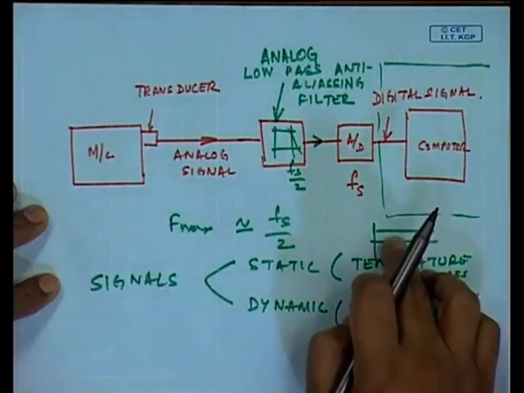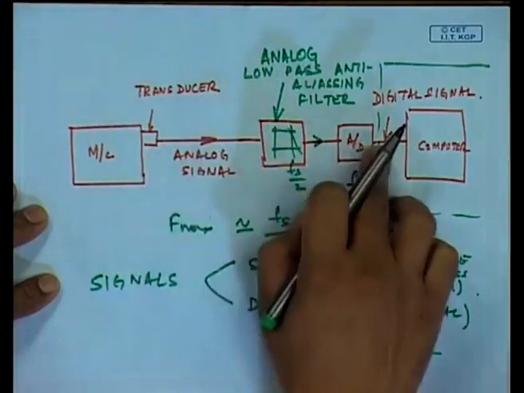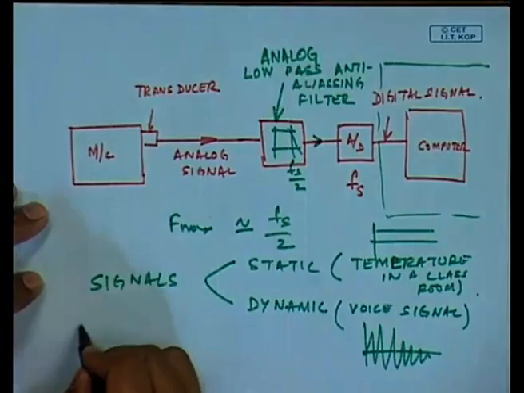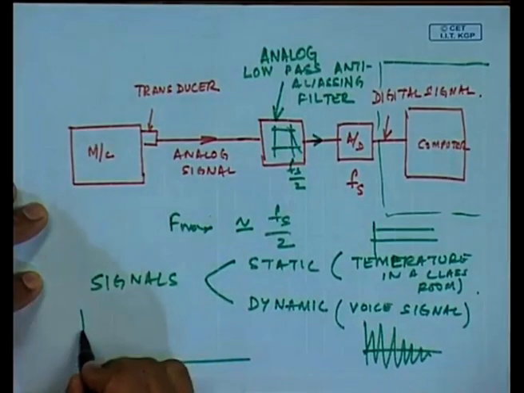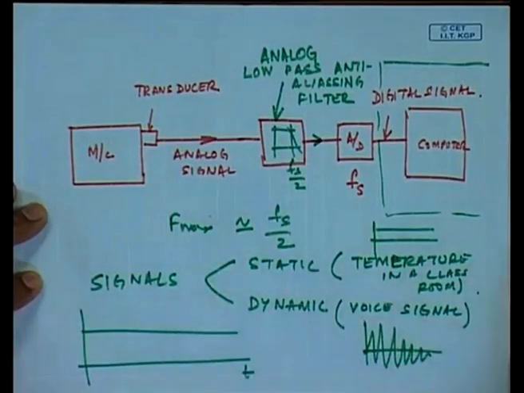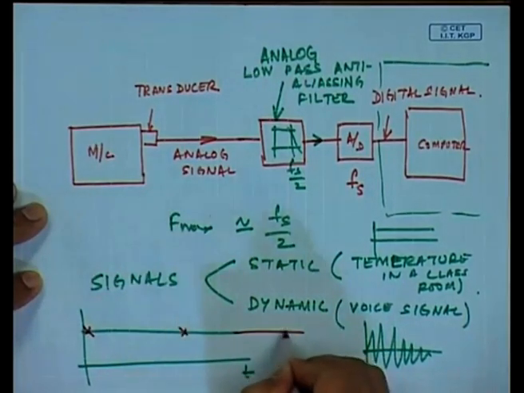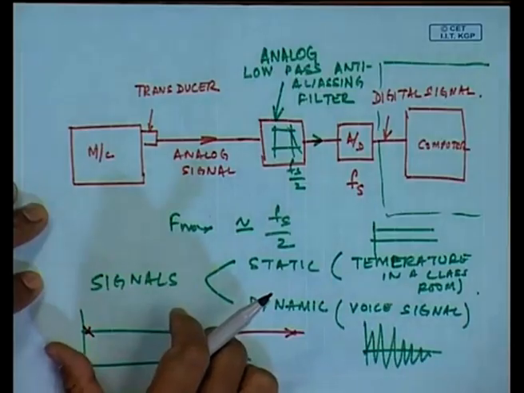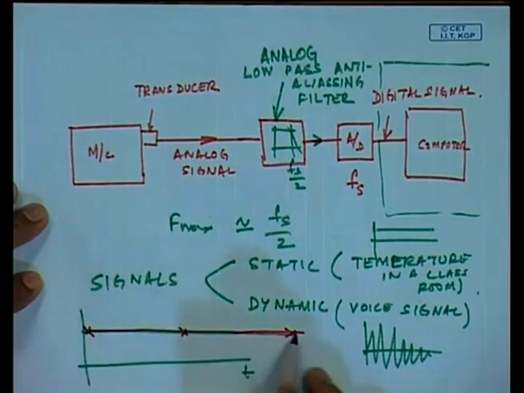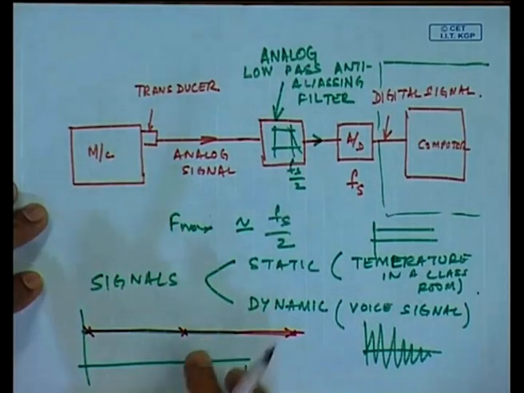So, if I pass a DC signal in and want to do a sampling process, this is my DC signal. I can sample it here, I can sample it here, I can sample it at much lower rates, but the signal is not going to change, isn't it, because it is a DC signal.